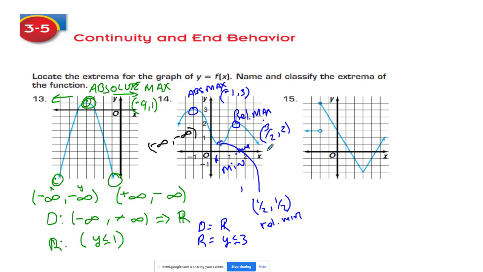And on this end, as x goes to positive infinity, as x gets really, really big in this direction, y is going to be getting really, really small, heading in the negative direction. So there we have everything classified on the graph. We've got the extremes on each end classified, and we've got the turning points, the peaks and the valleys classified on the graph.